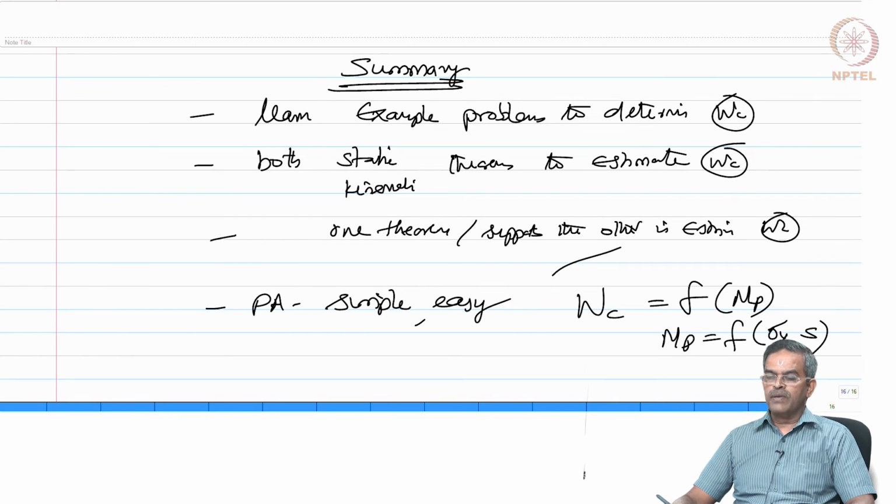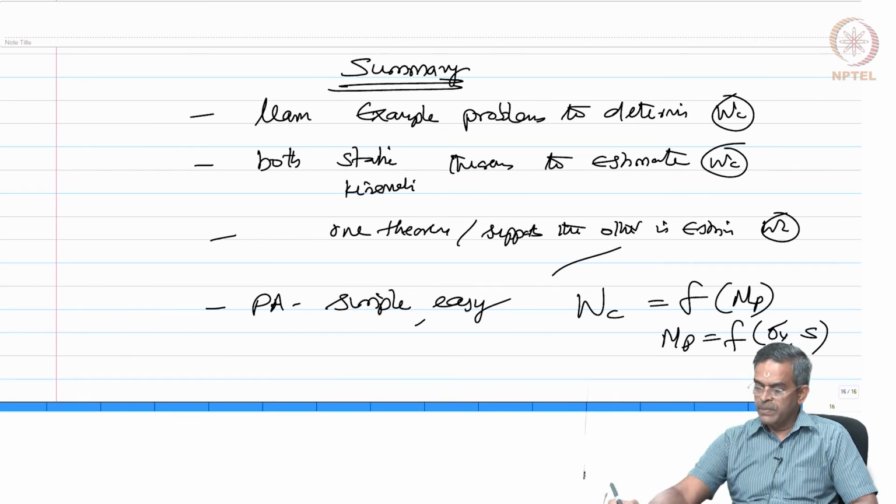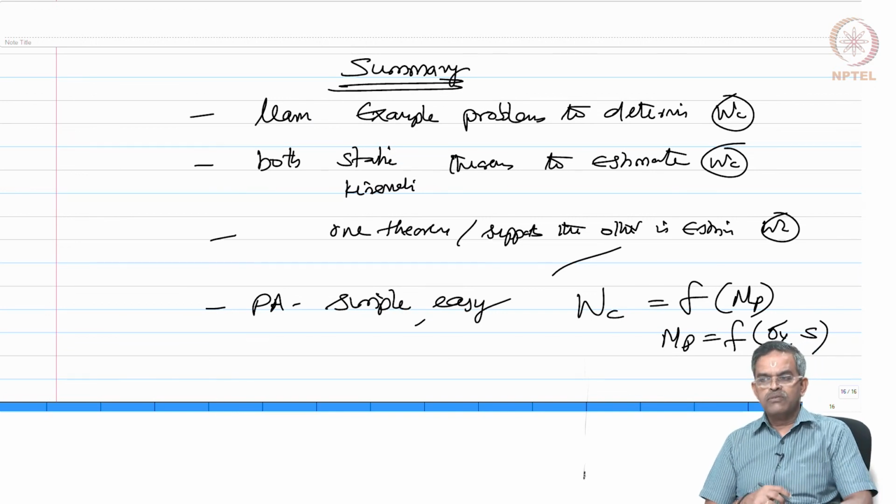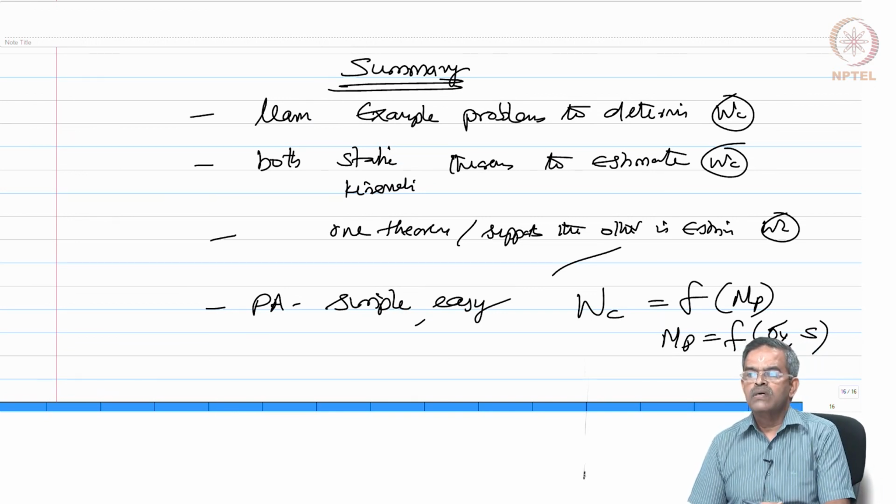It is a geometric property. Of course, material is also involved. That is interesting, and I am sure you will find more examples in my book and other literature papers, and you will be able to enhance your interest towards doing plastic analysis and collapse load estimates for varieties of problems, which we will be doing furthermore in the coming lectures.